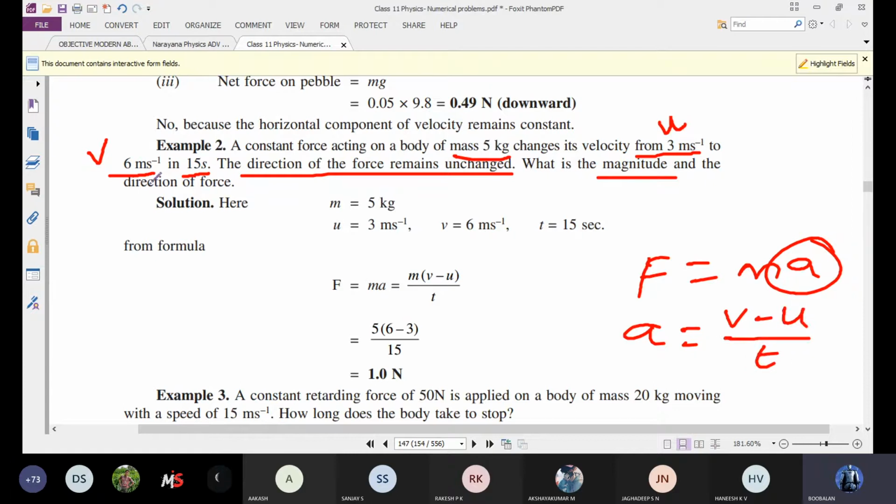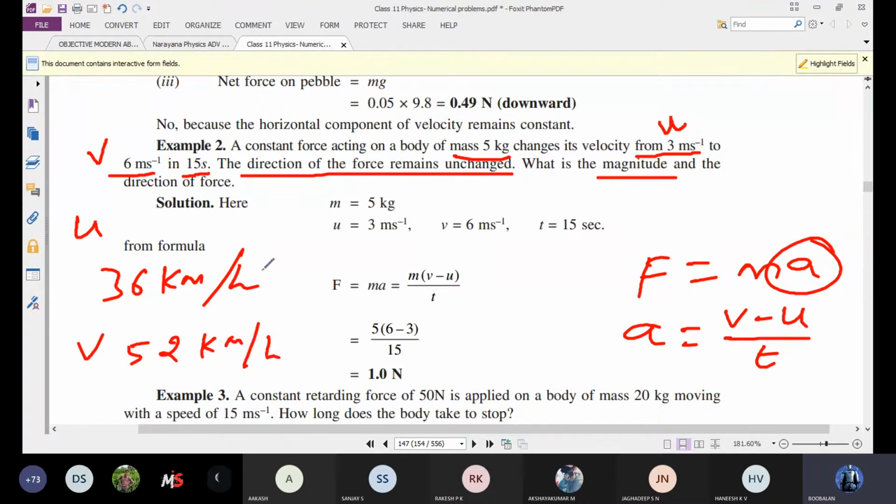In case the velocities are given in kilometer per hour, you should not take them directly: 36 kilometer per hour is the initial velocity u value, final velocity v value is 52 kilometer per hour.